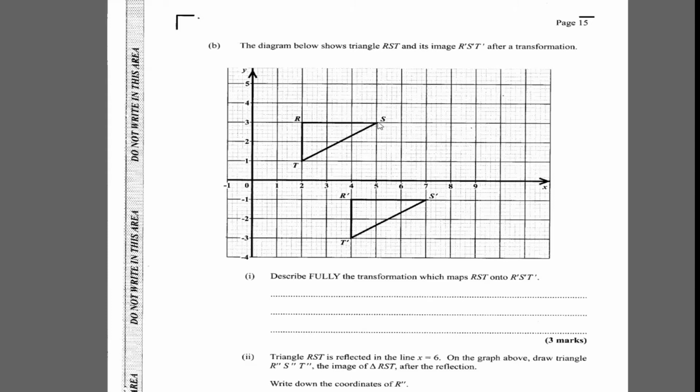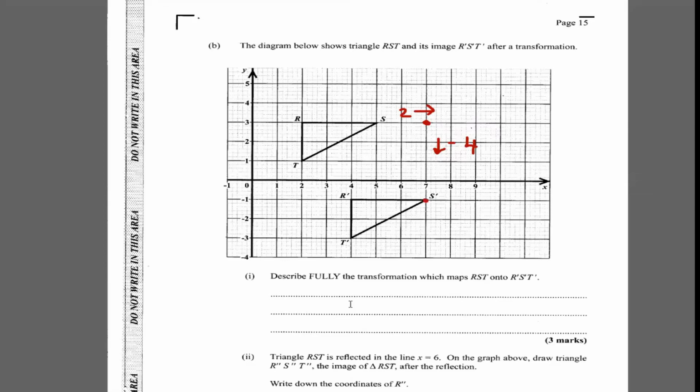As you can see, going from S to S prime, we go 2 units to the right, and then 4 units down. So that's -4. From R, we go 2 units to the right, then 4 units down. So this is just a translation.